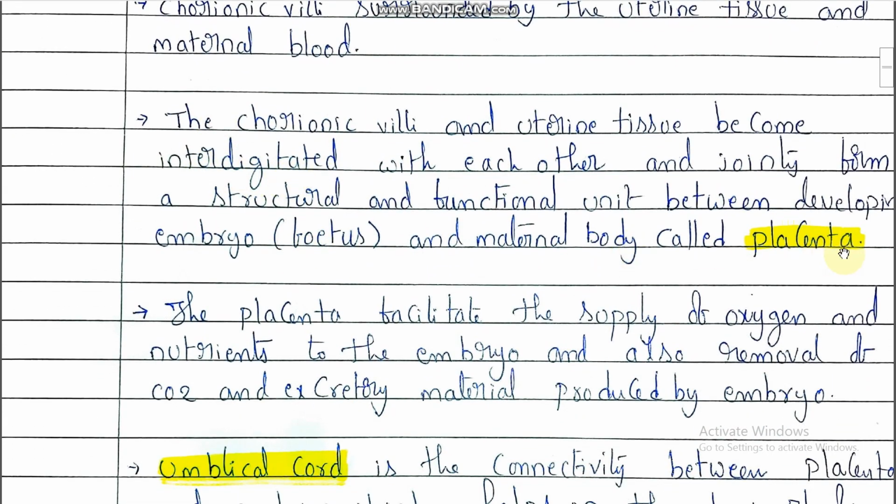And what is the placenta? The chorionic villi and uterine tissue become interdigitated with each other and jointly form a structural and functional unit between the developing embryo, fetus, and maternal body, called the placenta, right?